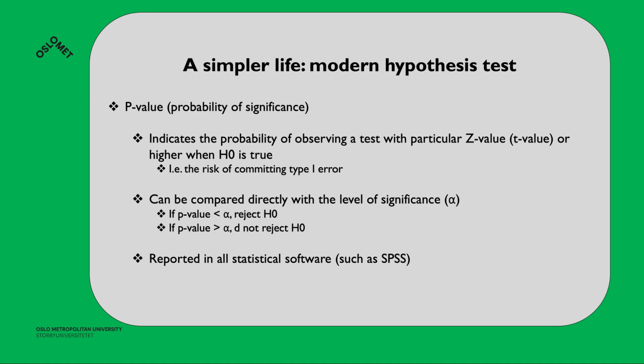If the probability of significance is lower than your chosen level of significance, usually 5%, then you reject the null hypothesis. But if the probability of significance is higher than your chosen level of significance, then the risk of committing a type 1 error is higher than you are willing to take. So then you keep H0, the null hypothesis.